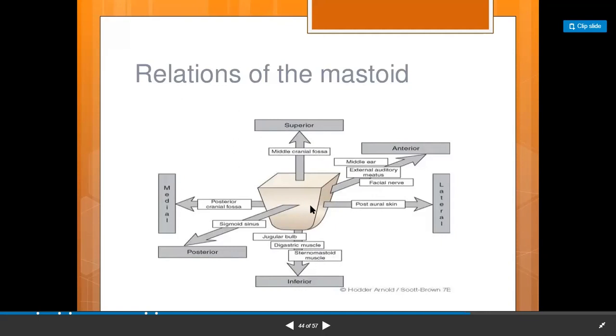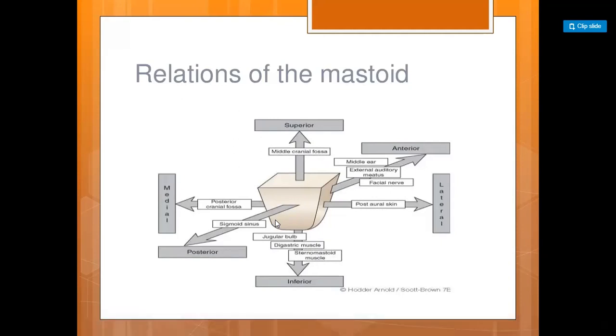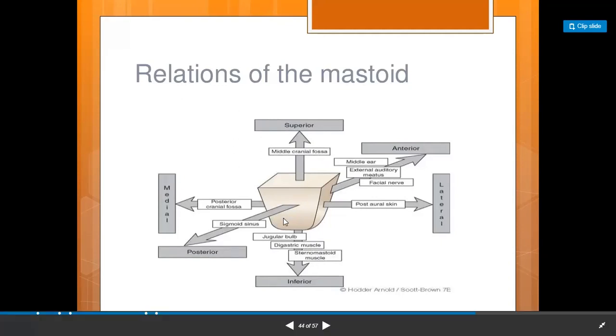Anteriorly, it communicates through the eustachian tube. Laterally, we have the tympanic membrane, and medially, we have many structures like the oval window, round window, and promontory. Posteriorly, it communicates with the mastoid process.